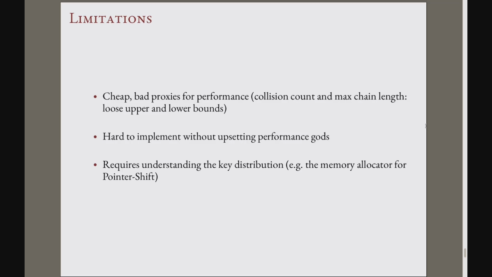And this whole scheme is quite hard to implement without introducing too much overhead. As a handcrafted hash function, it requires understanding the key distribution well. I had to understand the memory allocator a bit to be able to construct a parameterized family of pointer shift hash functions that works well.